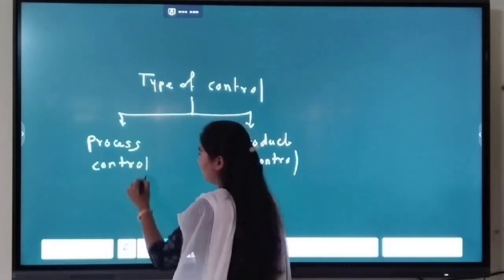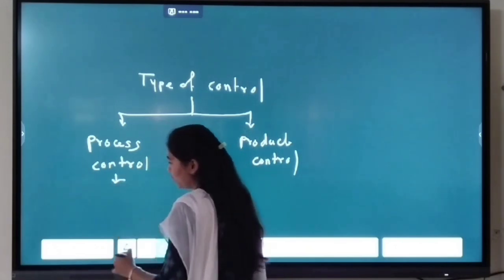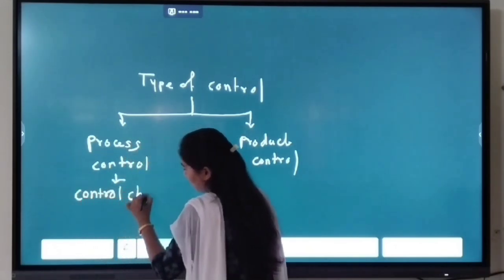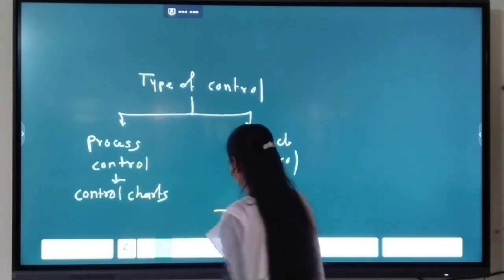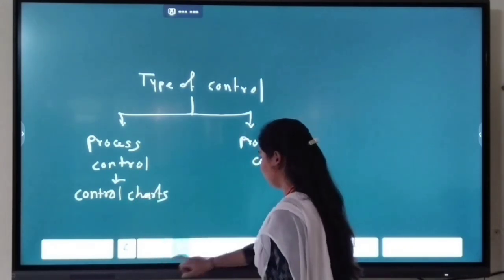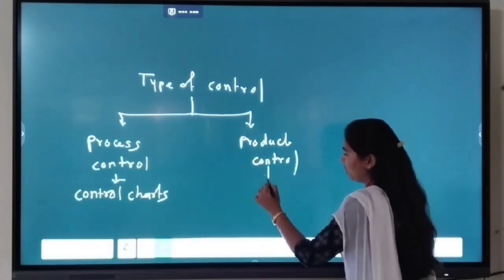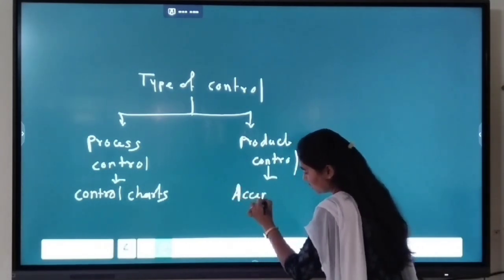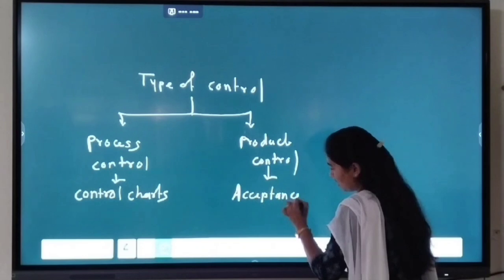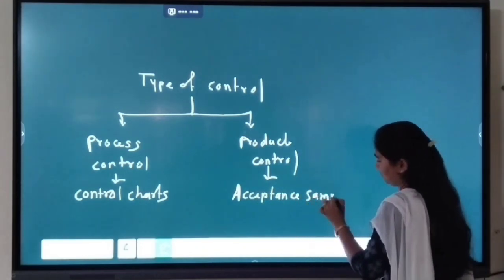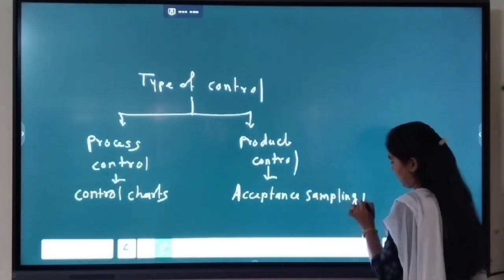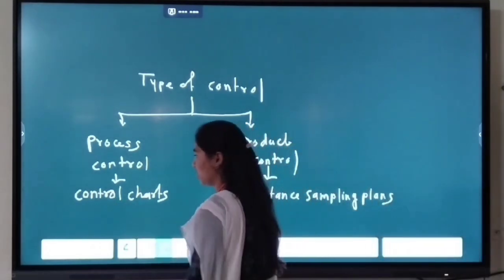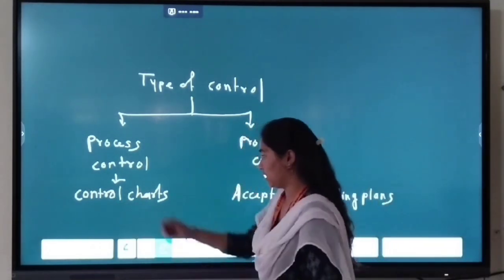Process control is achieved by using control charts, and product control is achieved by using acceptance sampling plans. In this lecture, we mainly focus on process control. So let's begin with that point.